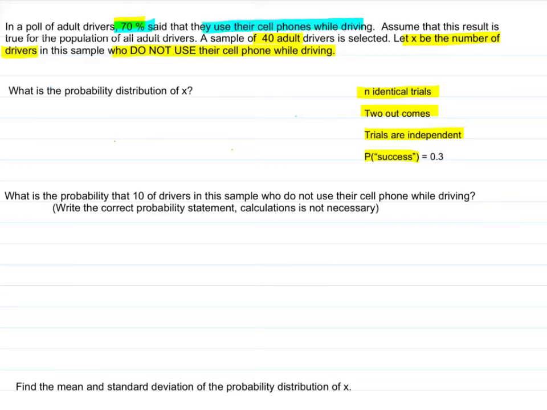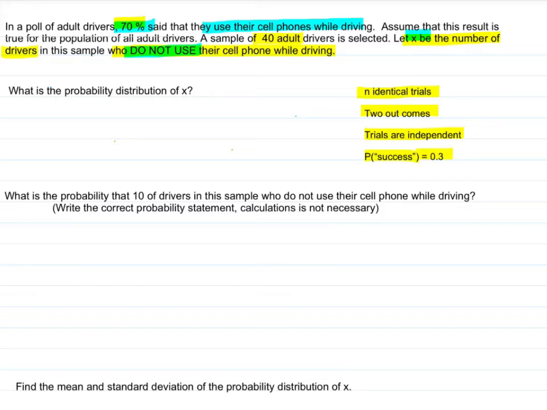But X defines drivers who do not use their cell phone. Therefore, the success probability should be 1 minus 70%, which is 0.3.